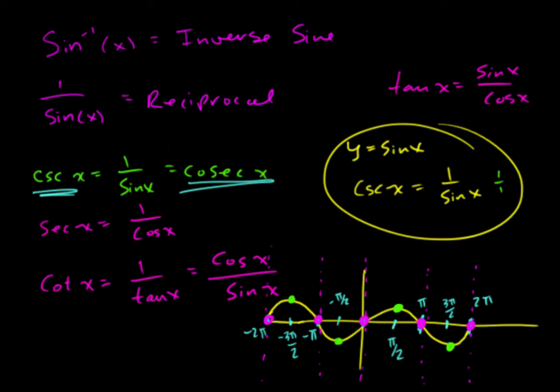Now, the rest of it, what's going to happen is if we do 1 over a low value, it's going to start getting higher and higher and higher. And so we're going to get this.